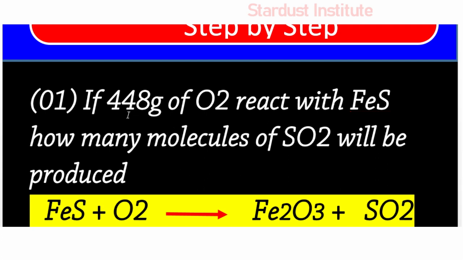Now we know, if 448 grams of O2 react with FeS, how many molecules of SO2 will be produced? We can get 8 moles of SO2, but we have been asked how many molecules of SO2, not moles of SO2.